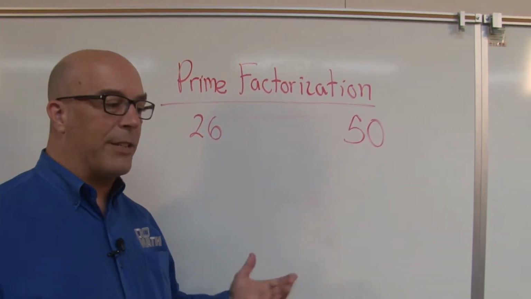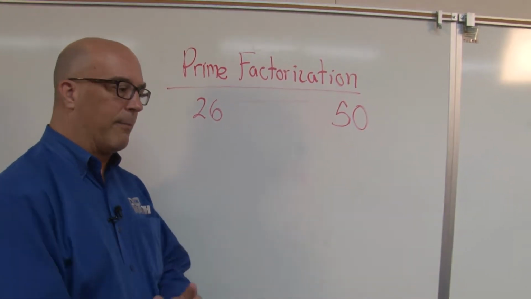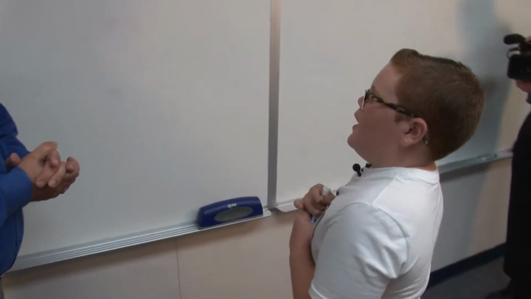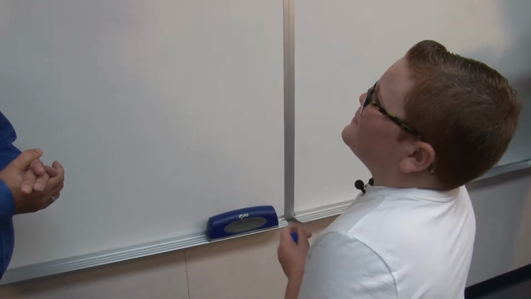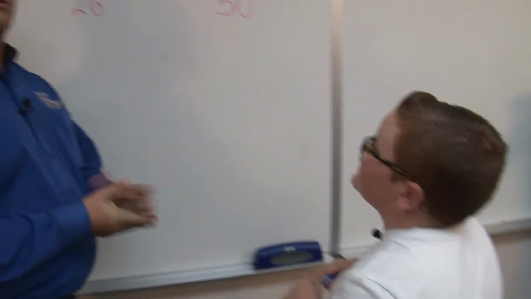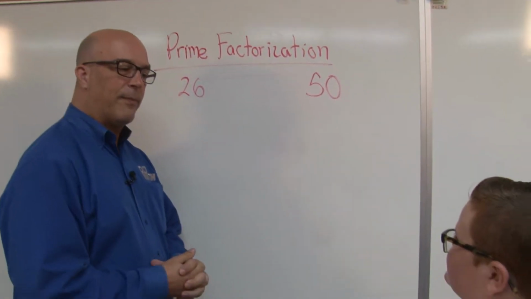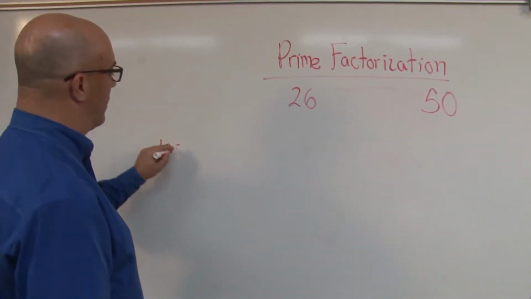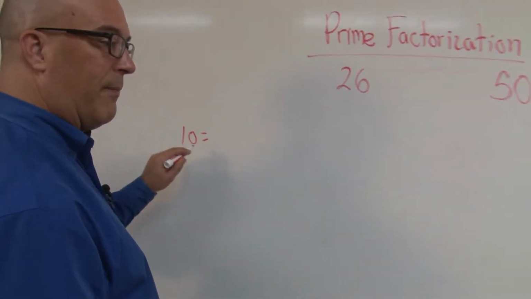So, what do you know about prime? Like a prime and a composite number. You've heard of prime numbers, right? And composite numbers? What are composite numbers? Something besides 1 goes into it, right? Okay, so if we had 10, what number goes into 10? 5.